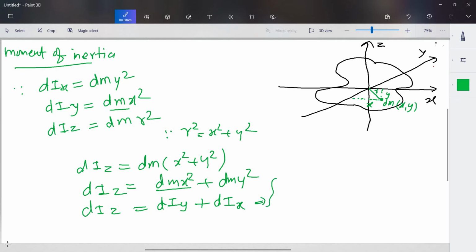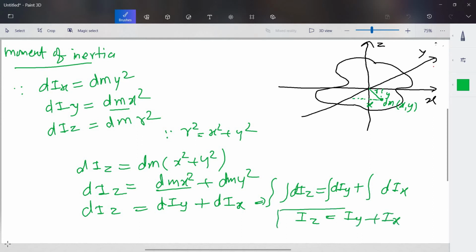After integrating, you can see dIz becomes the integration of dIy plus the integration of dIx. Then finally we can write Iz is equal to Iy plus Ix, and this is the perpendicular axis theorem. You can see we have proved it.